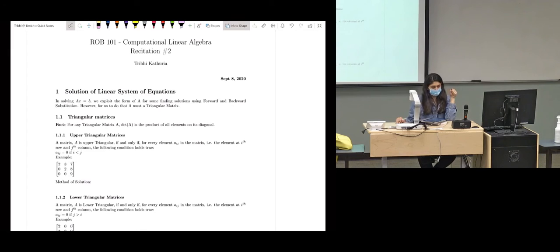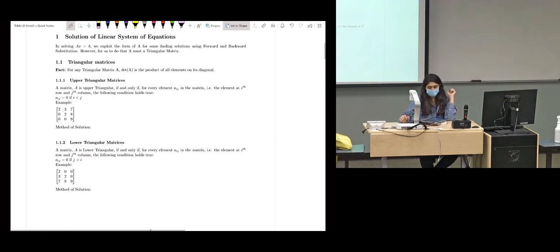So for a special case where A is a triangular matrix, we can solve the system of equations using two techniques called forward and backward substitution that really make our lives easier. Before we go on, from our lectures, we know what a triangular matrix looks like. It's basically a triangle, either in the upper part or in the lower.